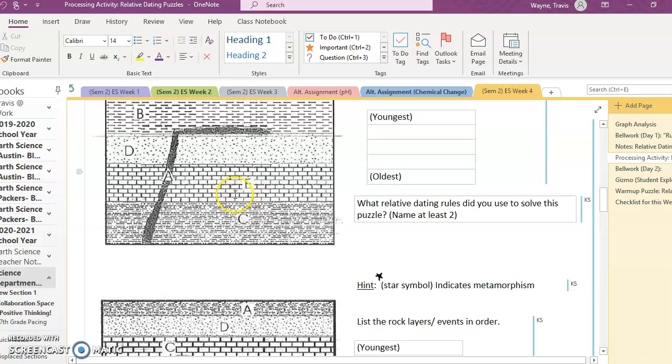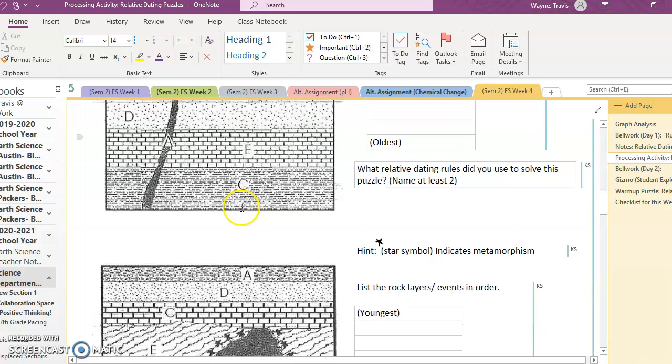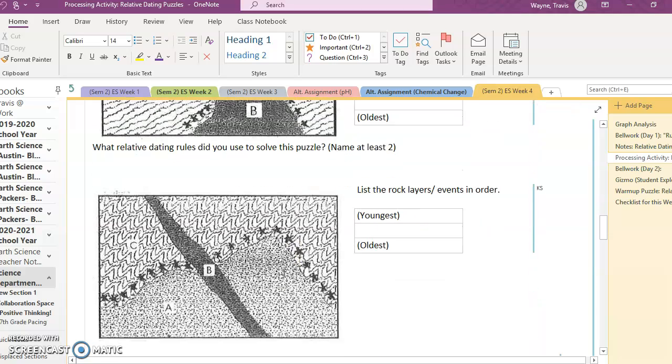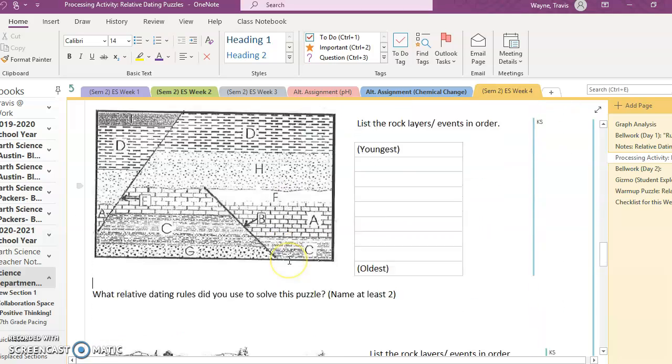I will say that some of these are tricky at first, but once you get an idea of how these things fall into play, how they actually go, no pun intended, their relative sequence, this makes a lot of sense. Looking at what came first, what came second, what came third, all the way ultimately to what was the last thing that occurred in these puzzles.